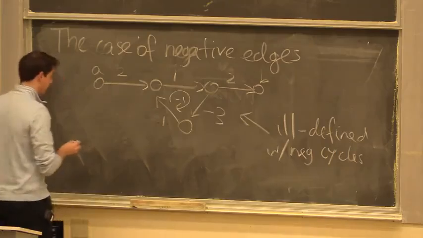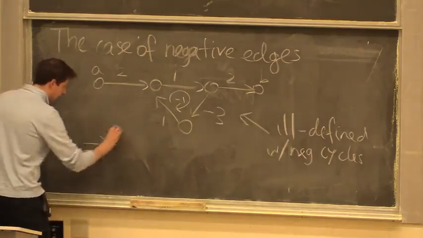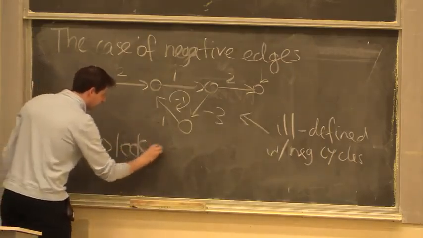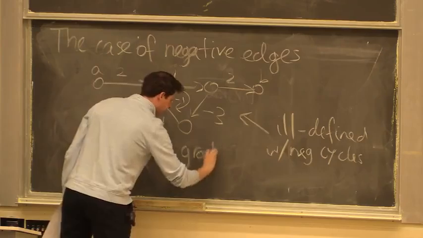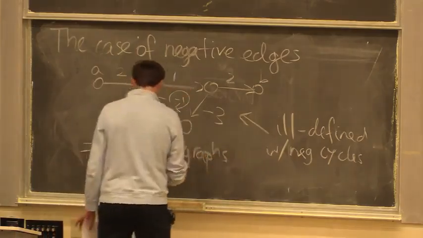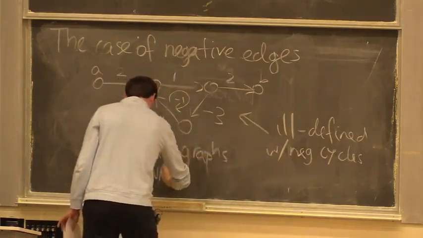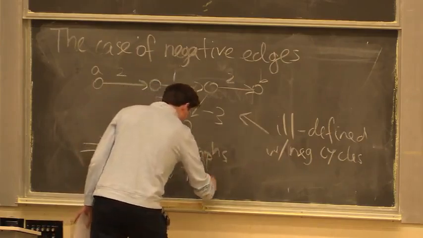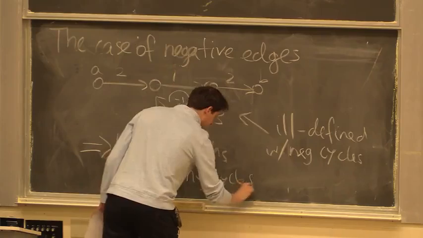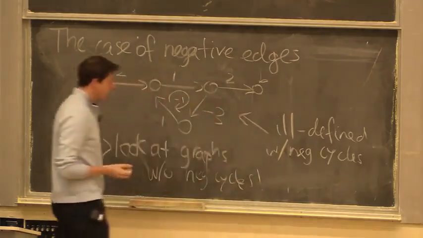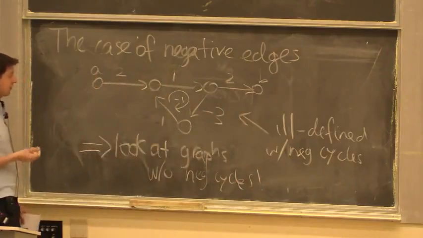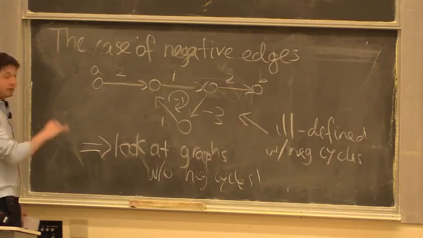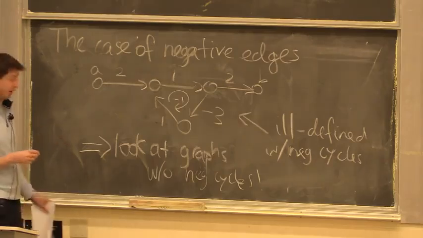So now we're going to look at graphs without negative cycles. It's good to check these things. You don't want to try to solve problems that are ill-defined. But now it is well-defined, so we can ask the question again.